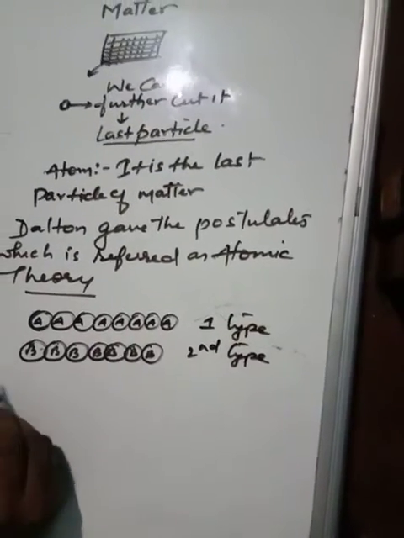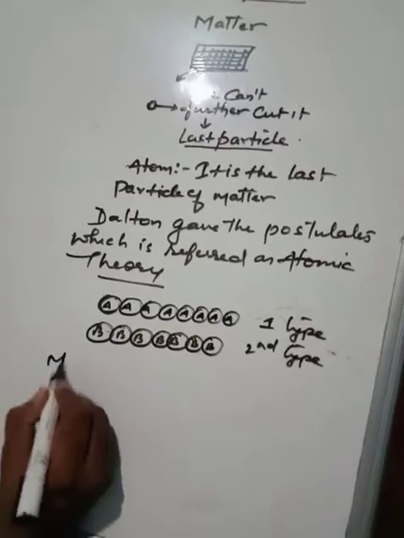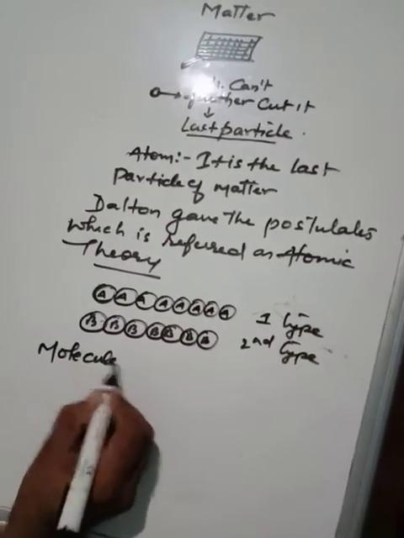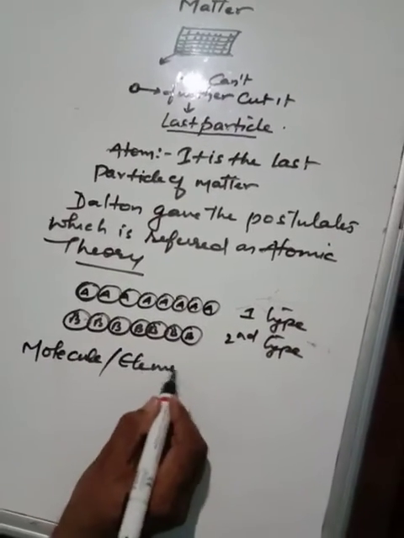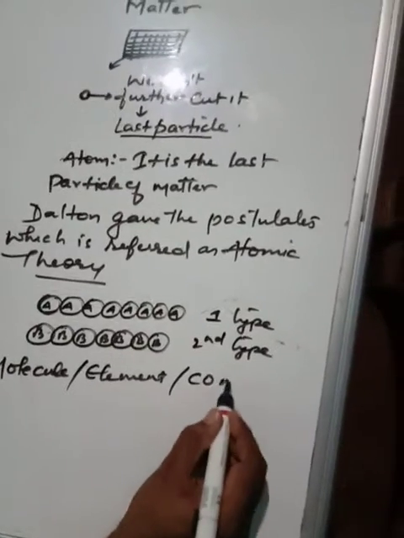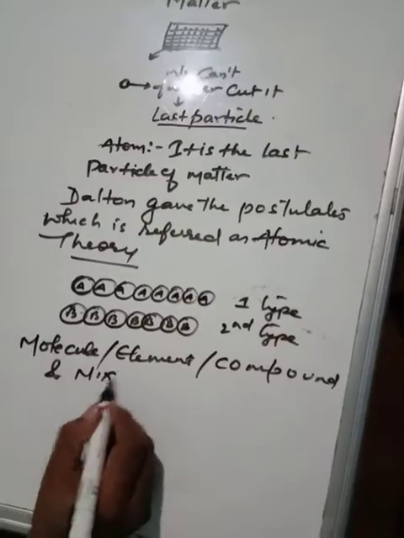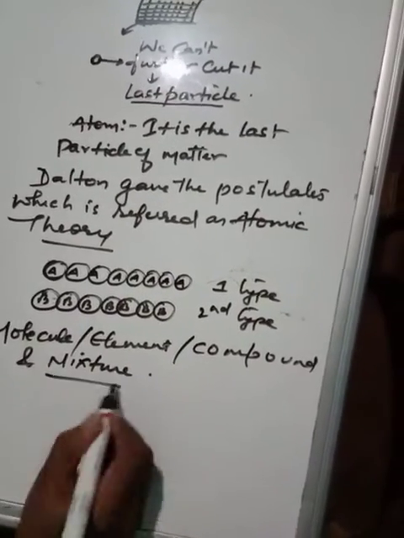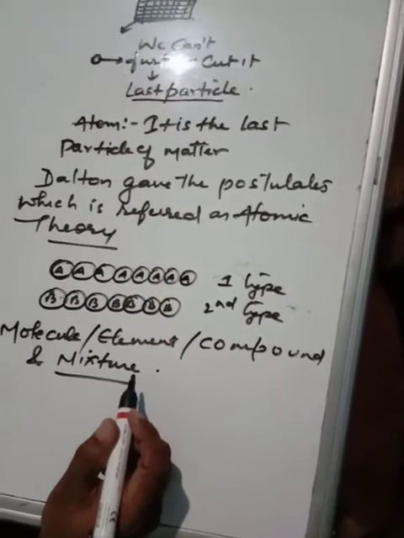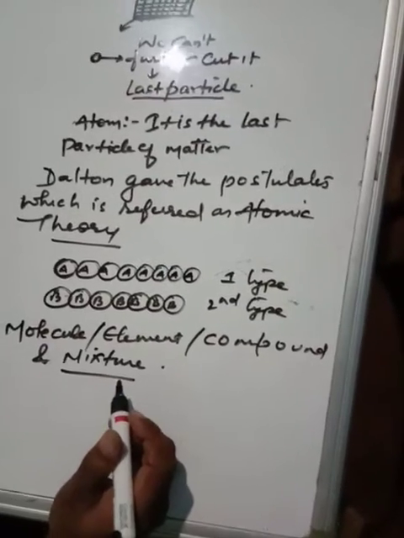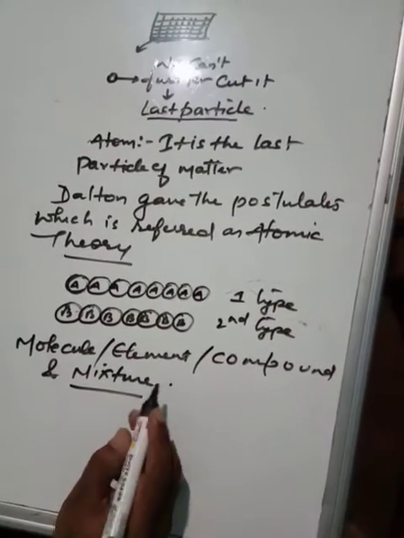Now here we will have the discussion on the topic molecule, element, compound and mixture. These are the basics. Once you get through it, you are able to easily classify the compound, molecules, elements and so on.